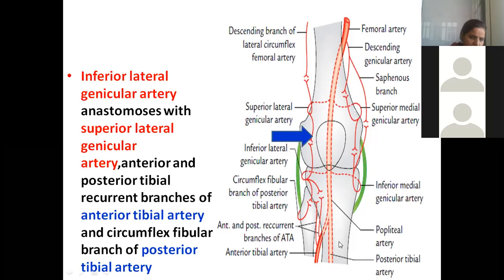There is one branch from posterior tibial. What is the name of that branch? We have the circumflex fibular branch. Circumflex means the one which goes around here. You can see circumflex fibular branch of posterior tibial artery. It comes like this. So these are seen on the lateral aspect.